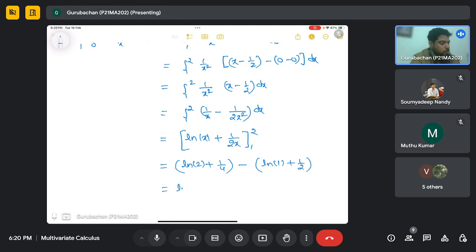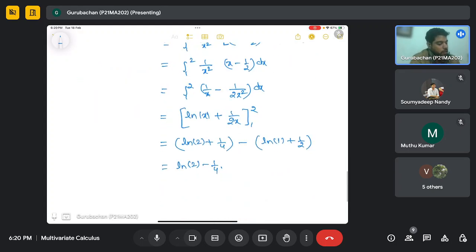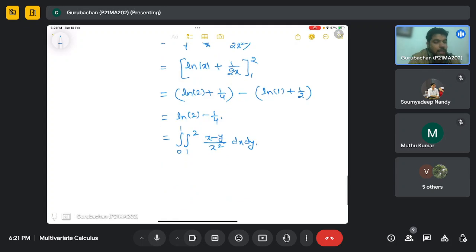So this will give you nothing but ln 2 minus 1 by 4. So it is the same answer. It is nothing but the integral of 0 to 1, 1 to 2, (x minus y) divided by x squared, dx and dy. And the answer is the same because of the reasoning of Fubini theorem, first form.